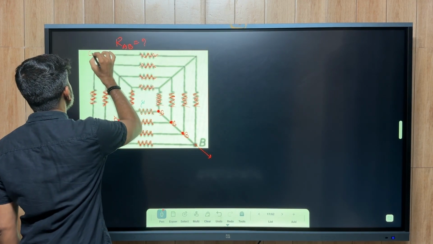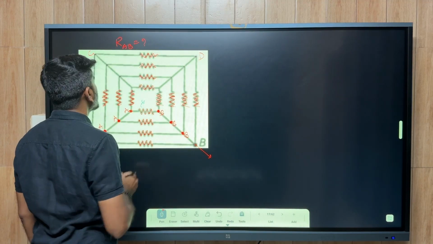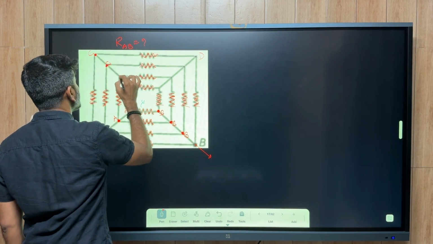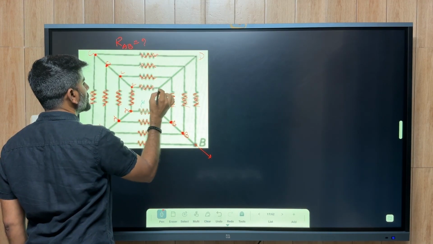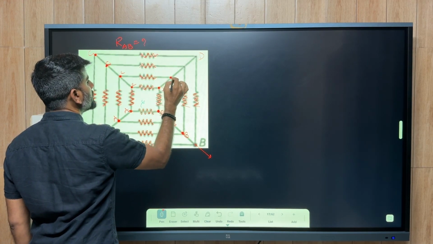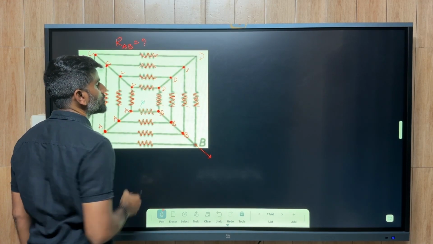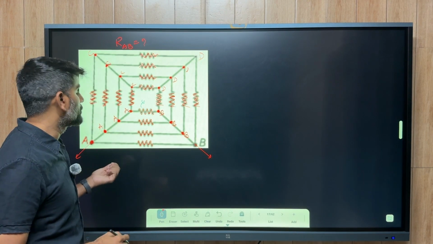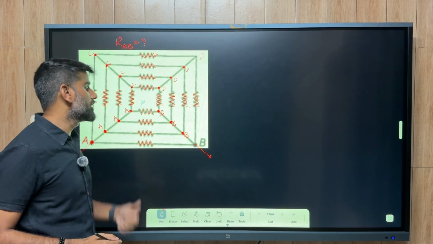Let us say this one is C and this one is D. If this is C, this also C, and this also C, and this one will be D, this one D, and this one also D. We have 4 potential points, and we need to find the equivalent resistance between A and B.